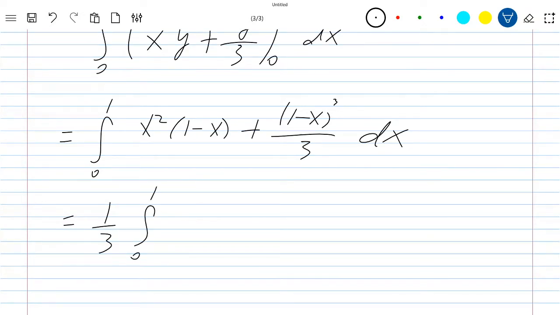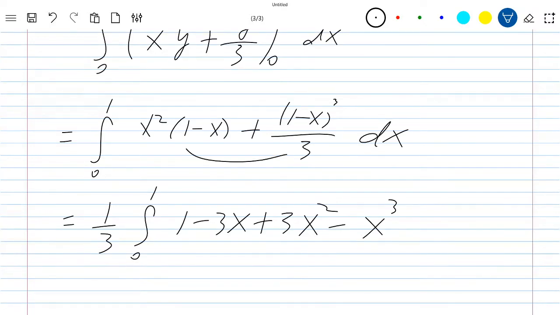Then this will give you 1 minus 3x plus 3x squared minus x cubed, right? However, this 3 times that will give you 3x squared, so this becomes 6x squared, and a minus 3x cubed, so this becomes 4x cubed, right? So that's what you have.